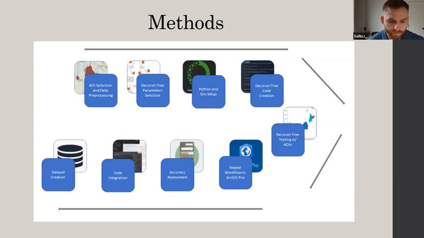Then the next step was to repeat the workflow in ArcGIS Pro, and then conduct an accuracy assessment comparing the two workflows, and then integrate the code with the current USGS code, and then finally dataset creation.